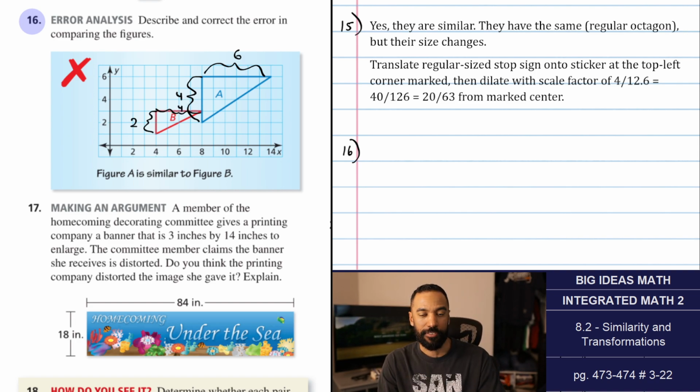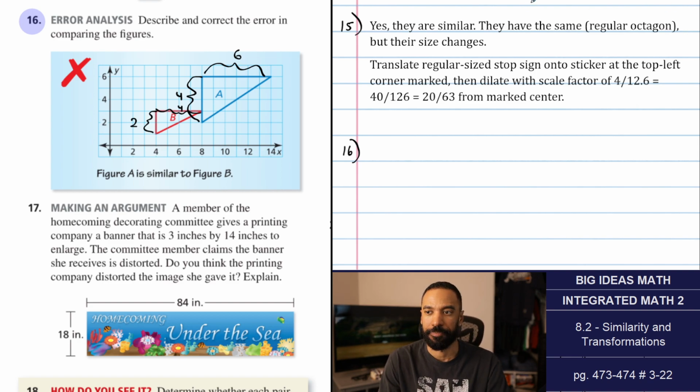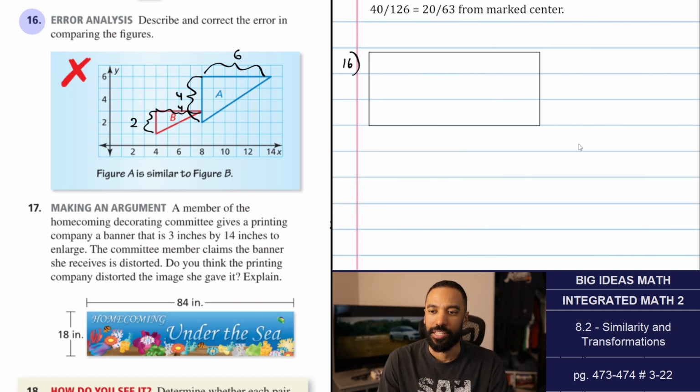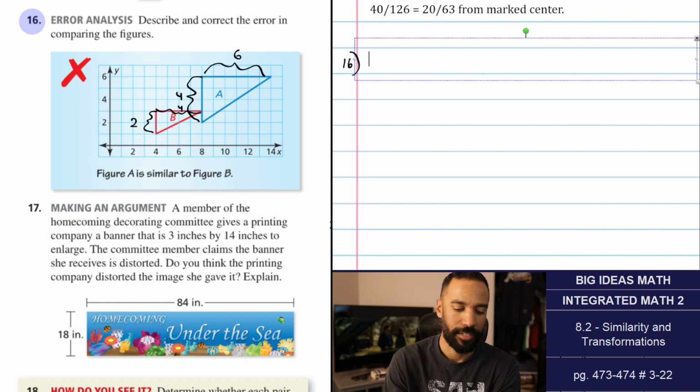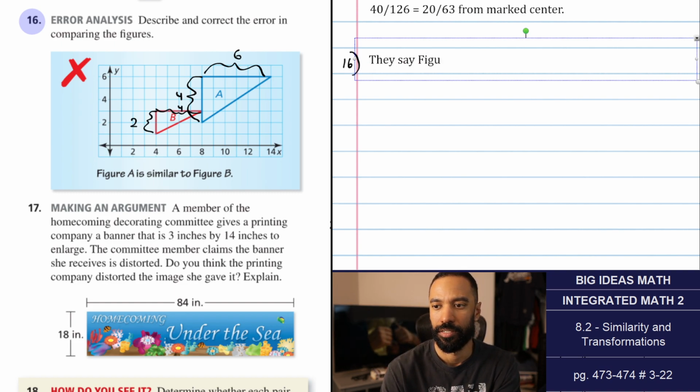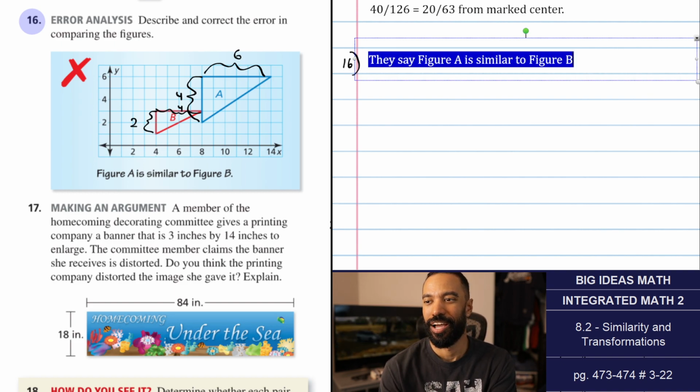So that's a different scale factor. That's not a scale factor of 1/2. They say figure A is similar to figure B, when it's just not true.